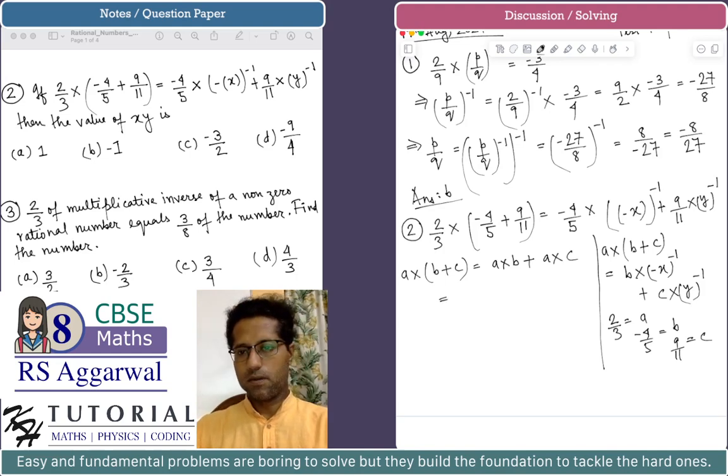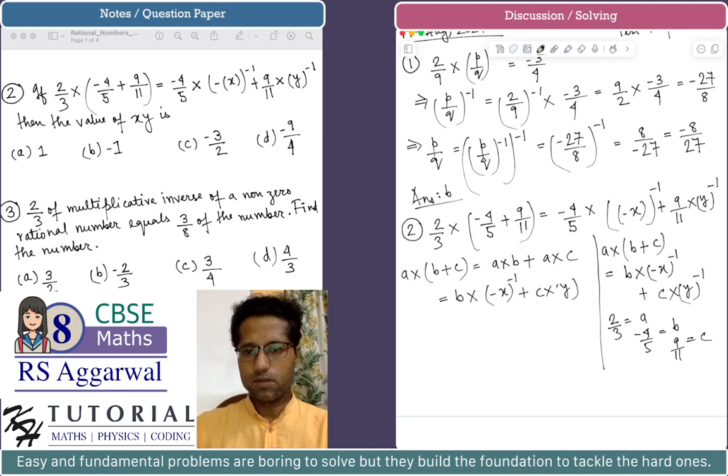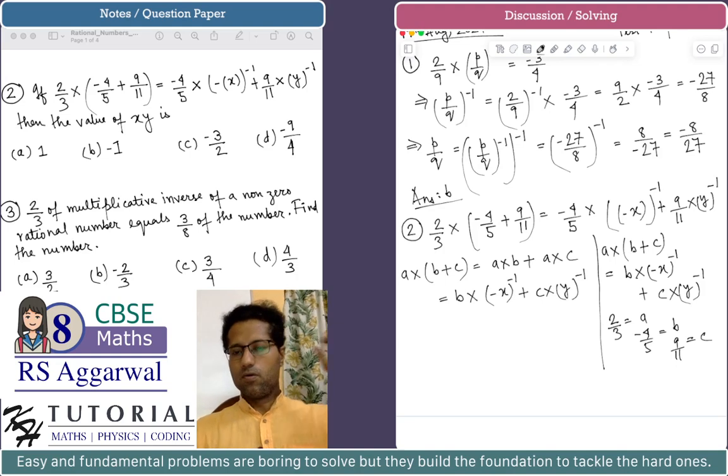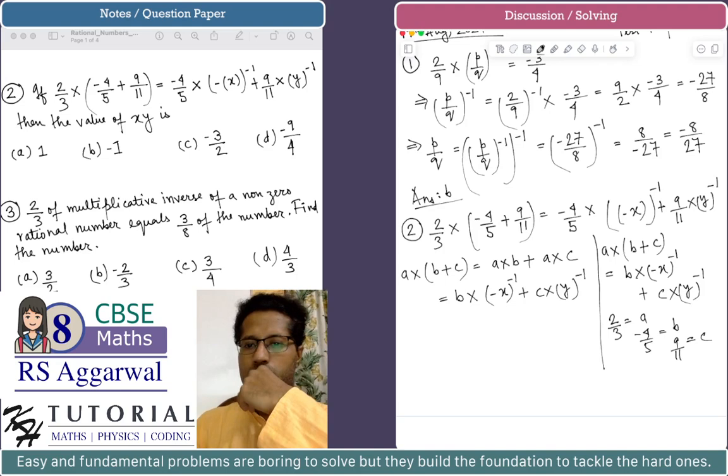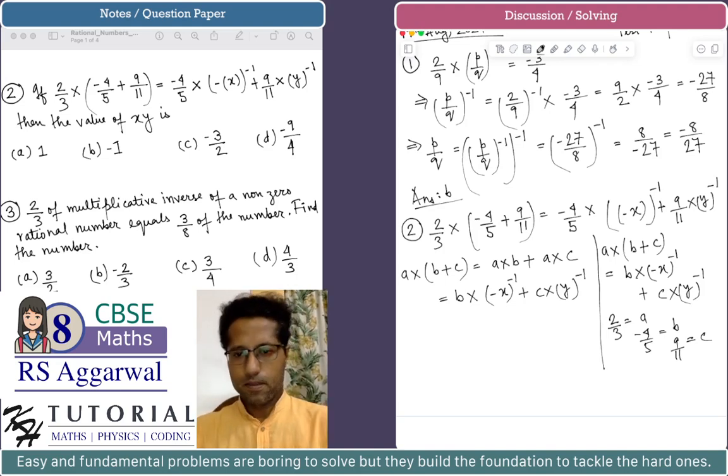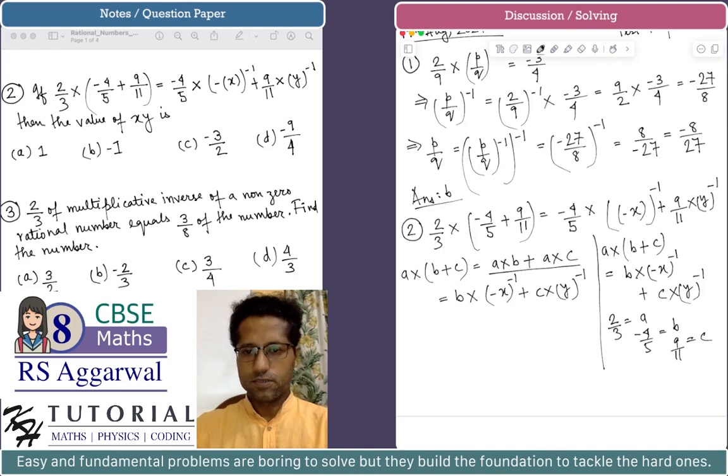But as per the right hand side of the given equation, it is b multiplied by the multiplicative inverse of minus x, plus c into the multiplicative inverse of y, or reciprocal of y. Now if you compare, definitely this has to be equal to this.